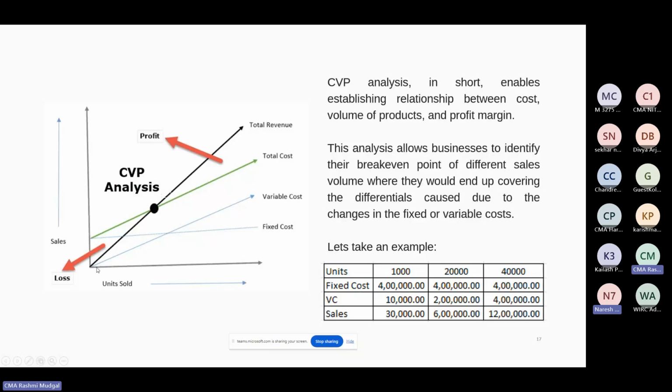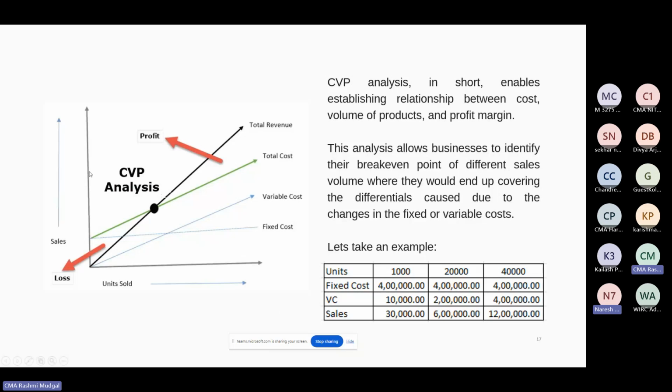Next is variable cost. Variable cost will definitely increase whenever I am producing goods, so it will increase as my sales increase. Total cost will be the addition of variable cost and fixed cost. At the point where my revenue and total cost intersect, I say this is my break-even point, where my total cost equals the total sale, so I'm not getting any profit.